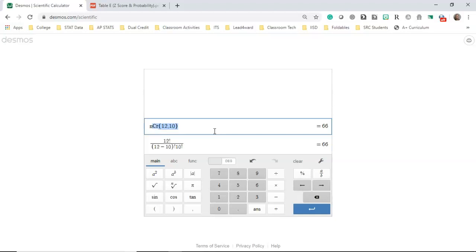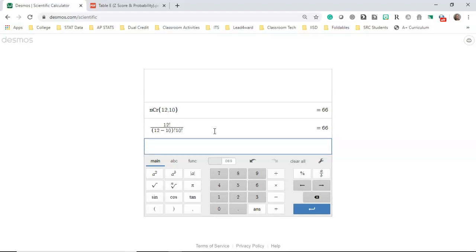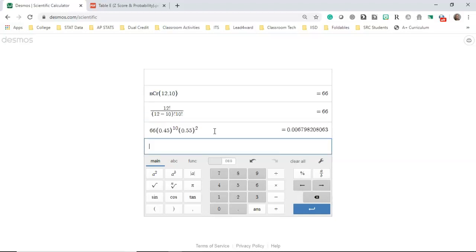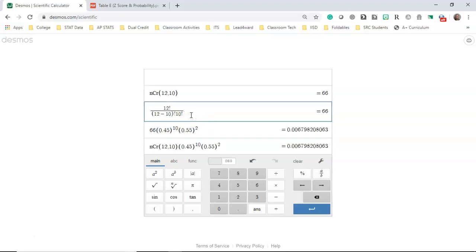You can put everything together. So I could do 66 times 0.45 to the 10th power, and then 0.55 to the second power. Or I can even take this nCr along with this information and just put those together, same value. So you have a lot of flexibility in how you can, and you can even take this too.